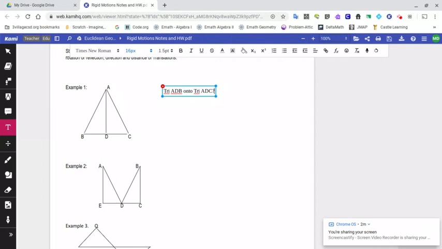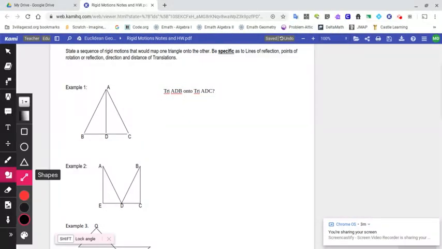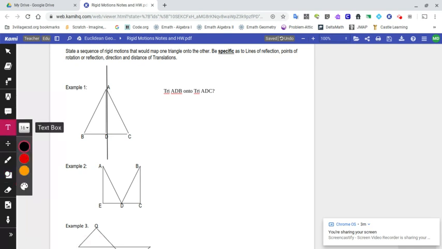What transformation would I use? That should be fairly easy for you to see. If I reflect that ABD over AD, then it will land on the other triangle.